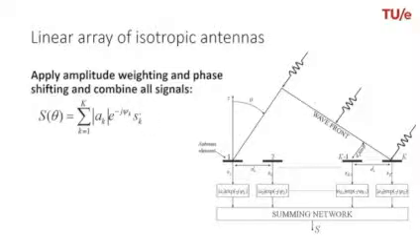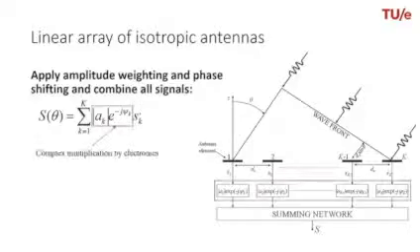And then we arrive at the so-called array factor, S, which is a function of theta, the direction of the incident wave. So it's a summation over the complex weights added by the electronics and the signal s_k.